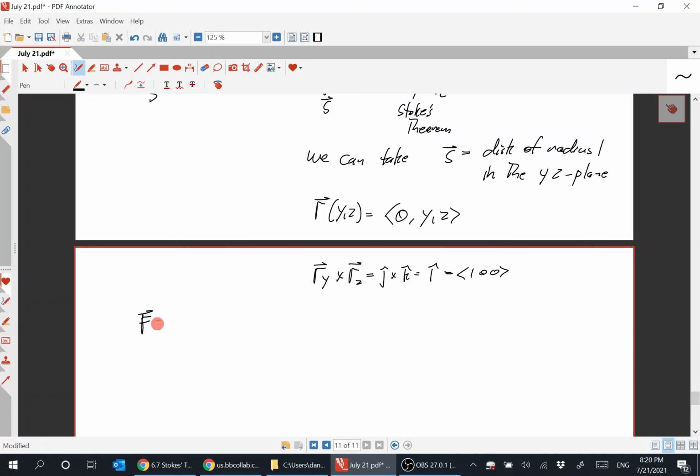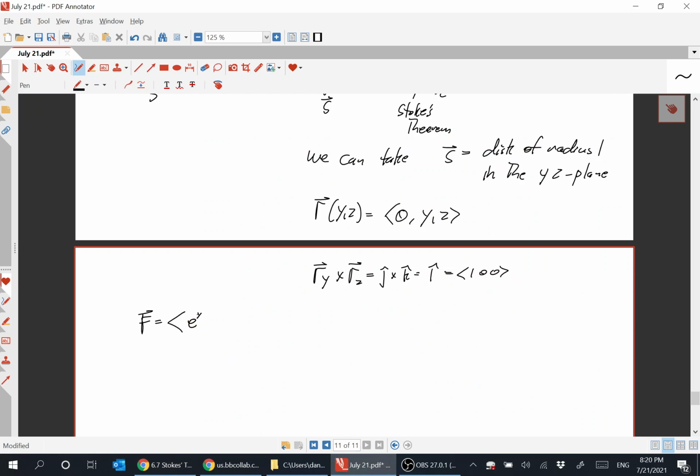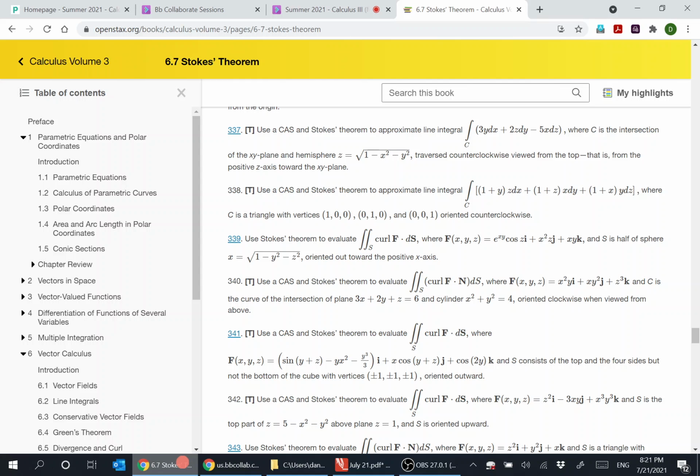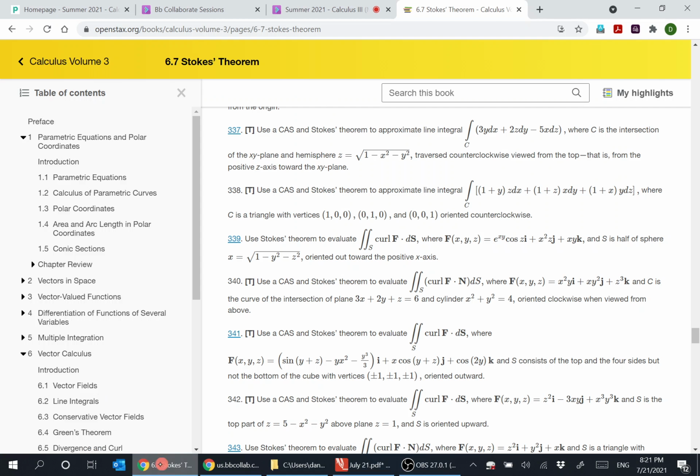The vector field f is equal to, well, some awful looking thing. e to the xy, cosine z, x squared z, xy.